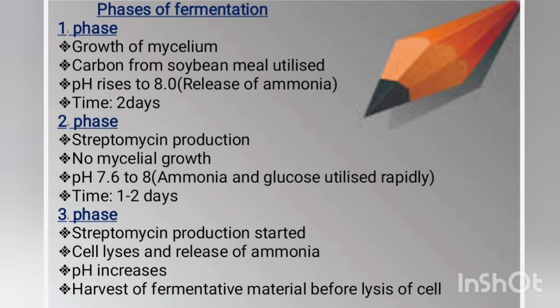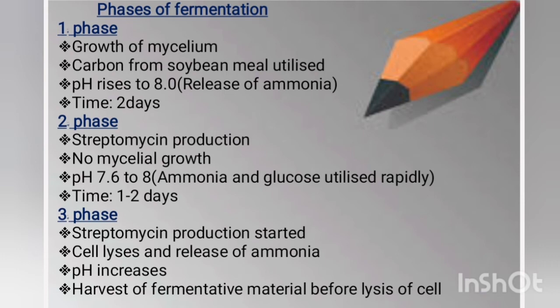Then phase 2. In the second phase, streptomycin is produced at a faster rate. There is no mycelial growth, and the pH is about 7.6 to 8. The pH lowering is due to the utilization of the ammonia.